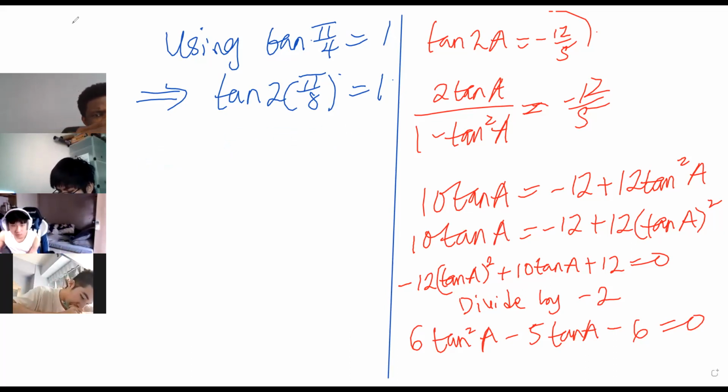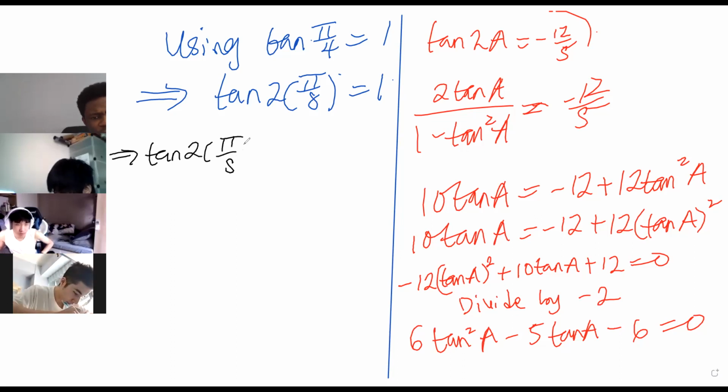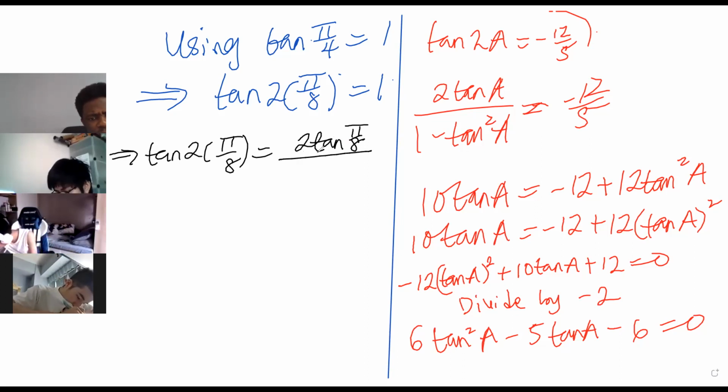Let me write what you have just said. So this implies tan 2 pi over 8 equals 2 tan pi over 8 over 1 minus tan square pi over 8.